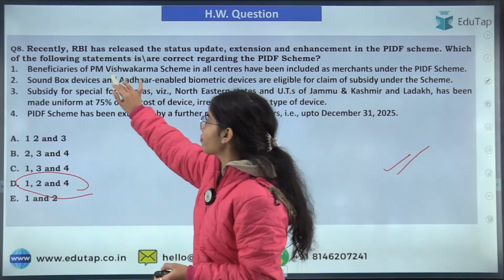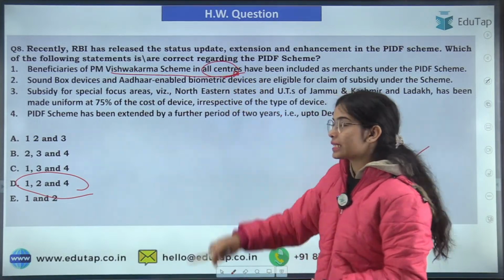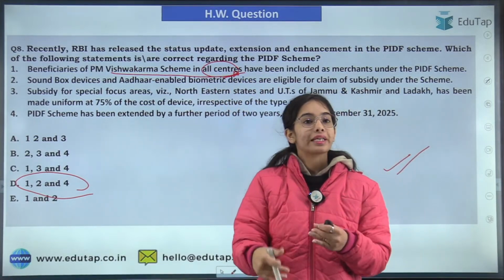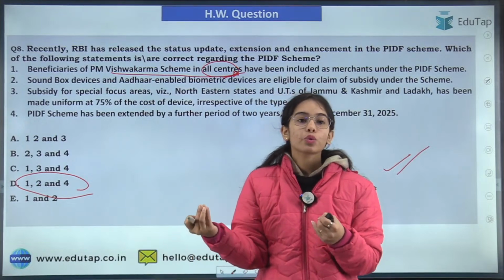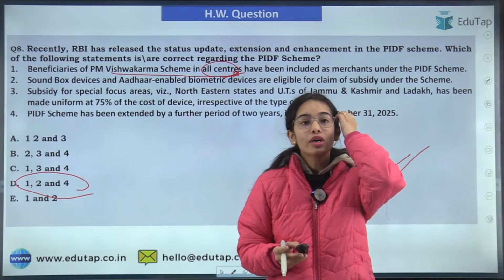So beneficiaries of the PM Vishwakarma scheme in all the centers. I was getting queries on whether it is all centers or only tier 1 and tier 2. In the press release issued by the Reserve Bank of India, all centers is written.